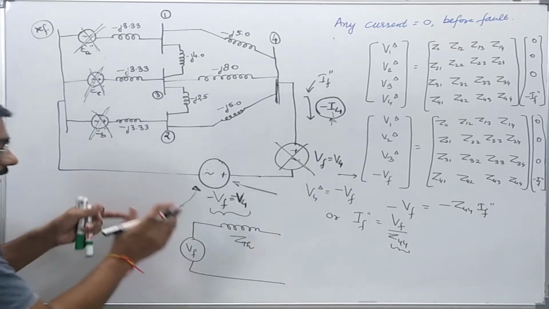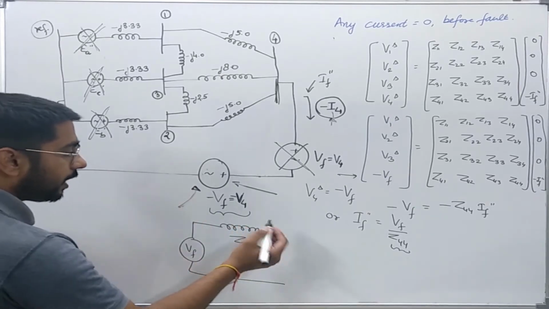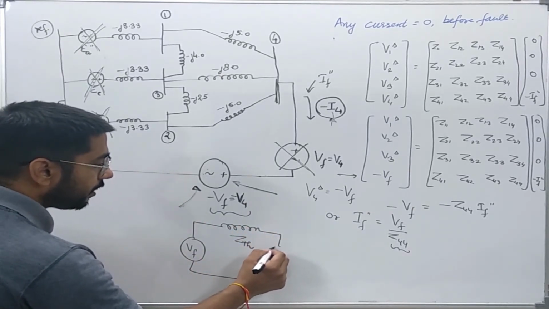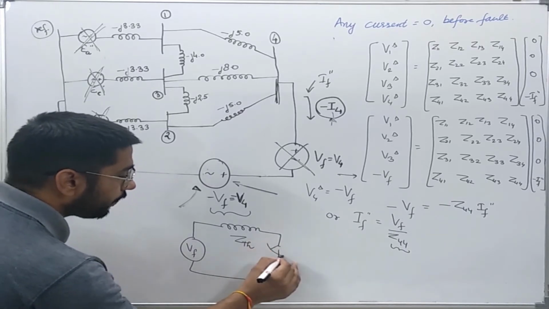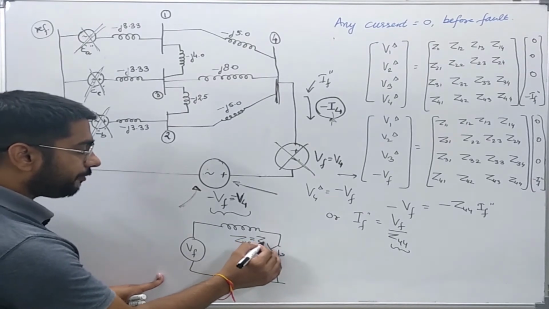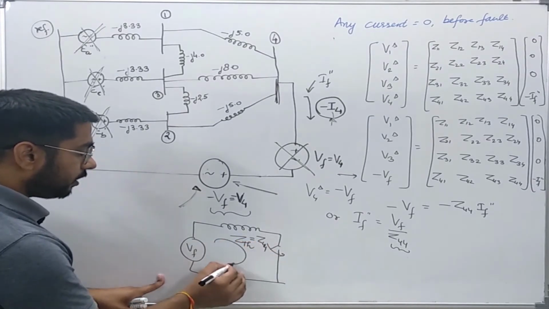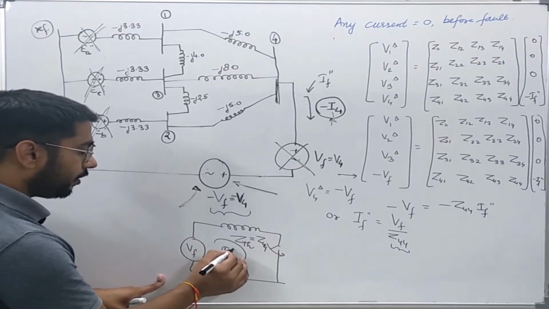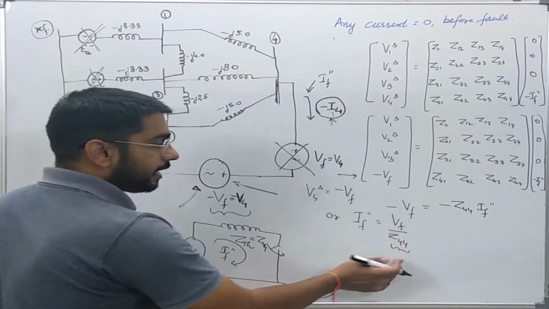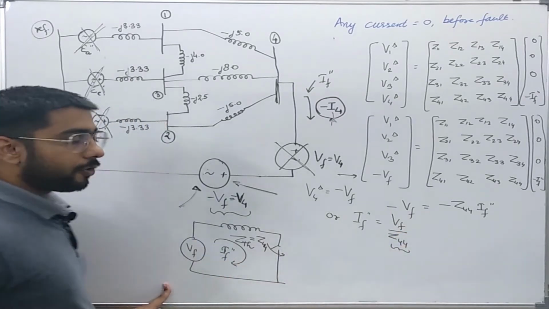This represents the power system during the fault, and this is the switch representing the fault. So this Z Thevenin is nothing but Z44 here. The fault current is just equal to Vf over Z Thevenin, which here is Vf over Z44.